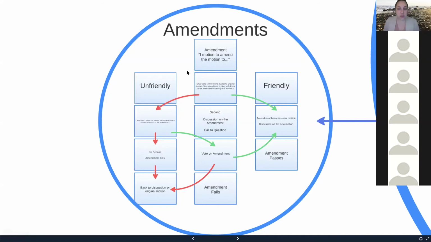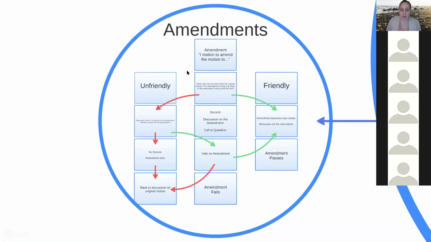So again, just to recap a little bit here, if you would like to amend a motion, your chair is then going to ask, is the amendment friendly with the first? If it's friendly, it's going to become adopted. If it's unfriendly, you're going to need to get a second and potentially a vote on the amendment before it can become adopted.